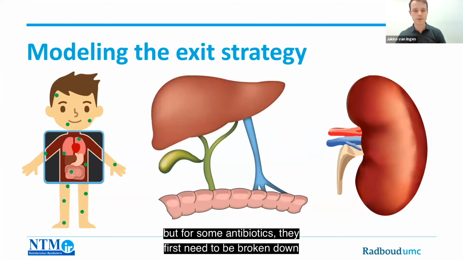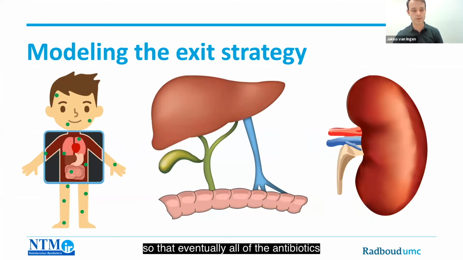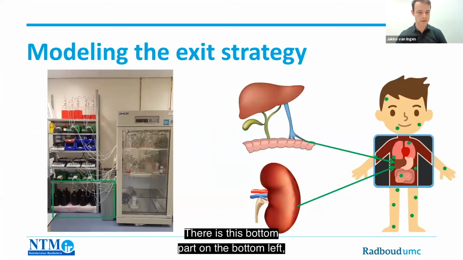But for some antibiotics, they first need to be broken down into smaller particles by the liver. From the liver, they get back into the general circulation again, and then they get filtered out by the kidneys, so that eventually all of the antibiotics are flushed out of your body. So that is this bottom part.